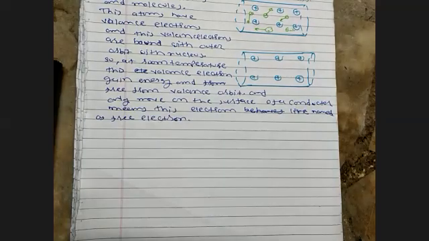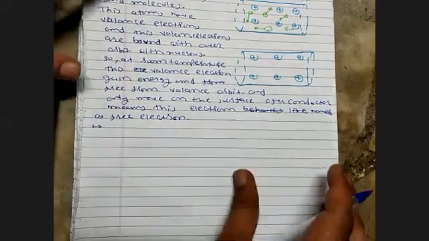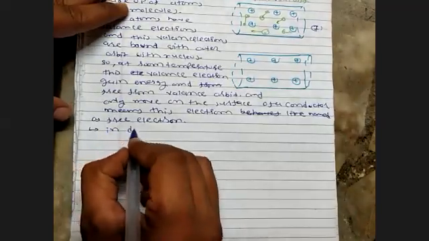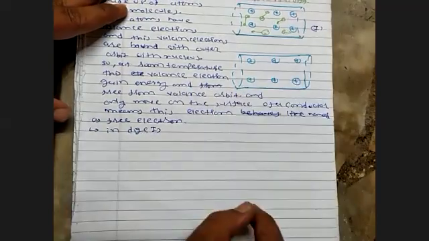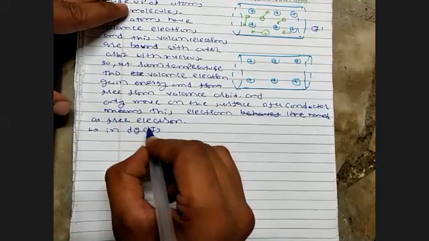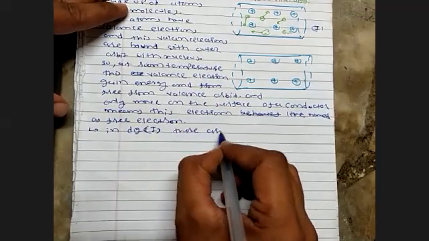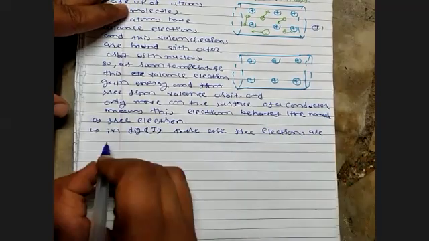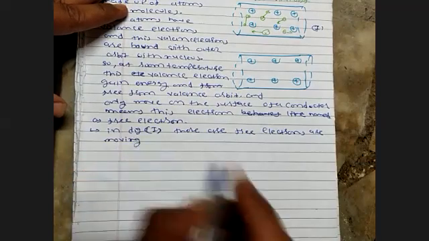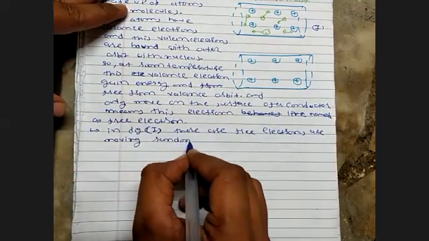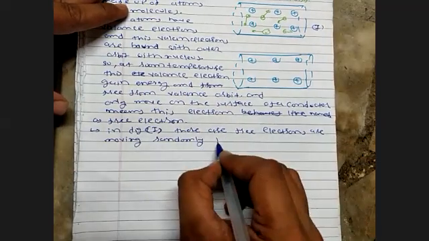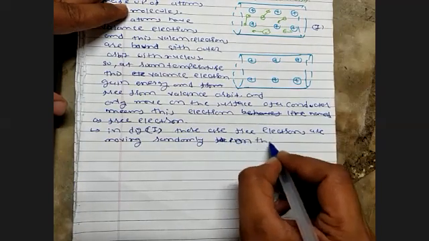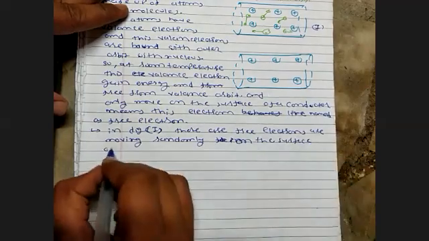Now the meaningful diagram is what? In diagram 1, you see that free electrons are moving randomly on the surface of a conductor.